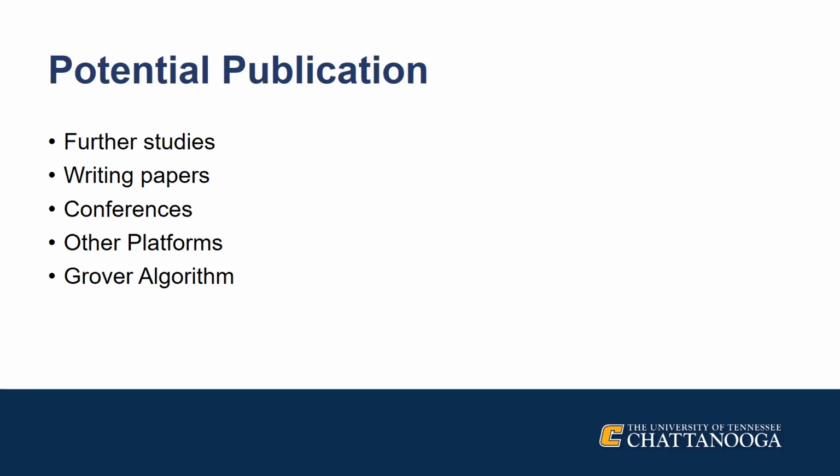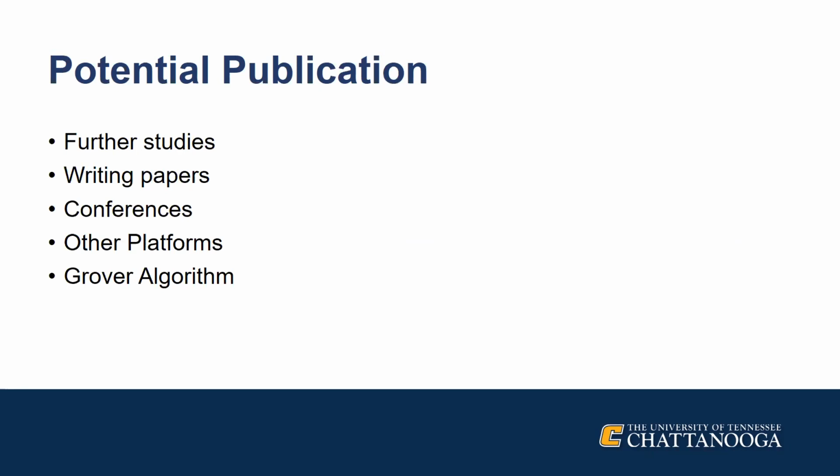Qiskit. One of them, probably, I'm going to look at is the Google platform to see how these are implemented. And as I mentioned, the Grover algorithm is used by about 50% of quantum machine learning.